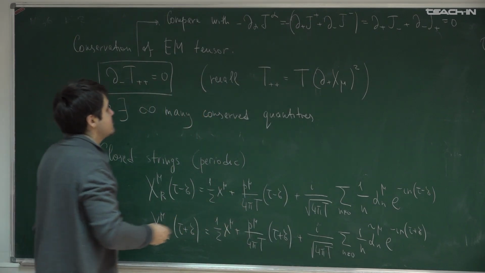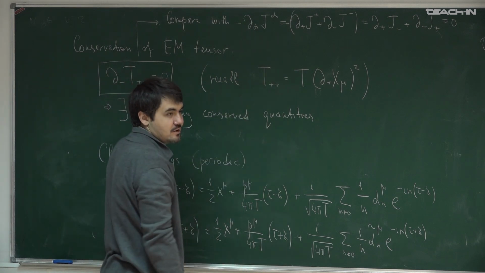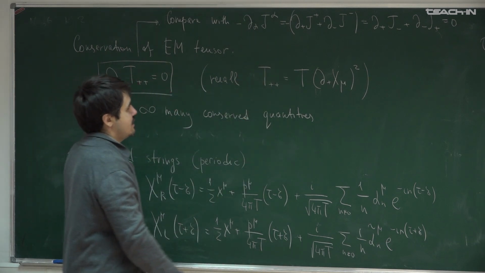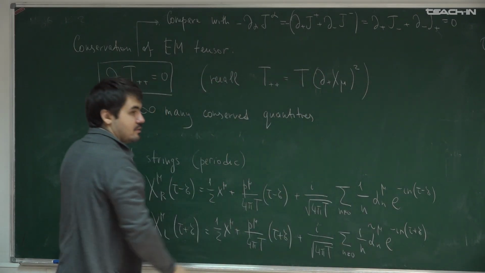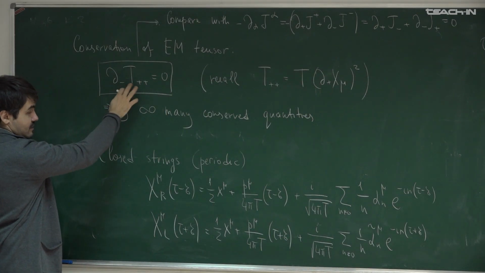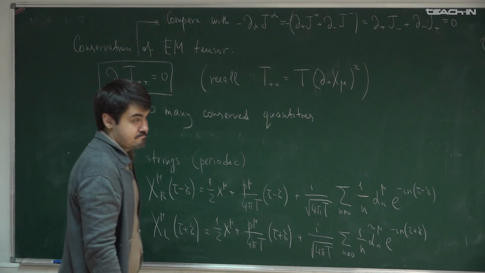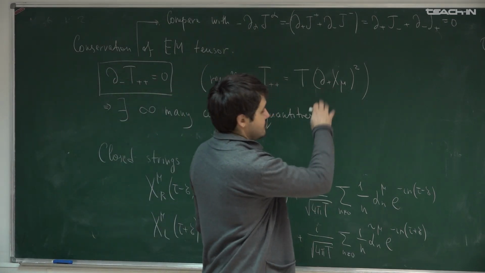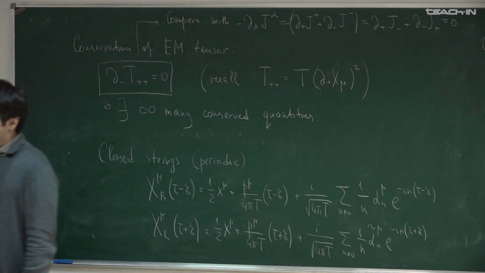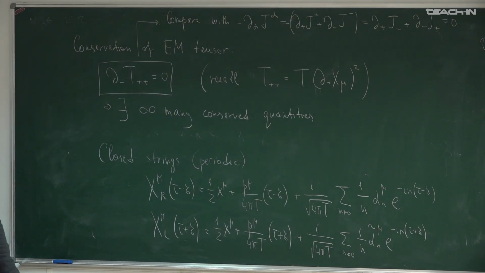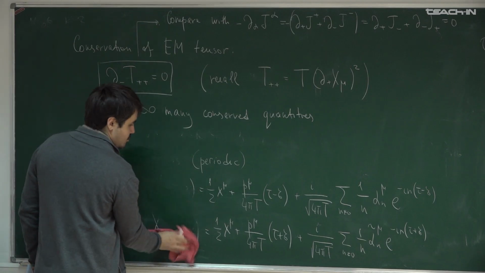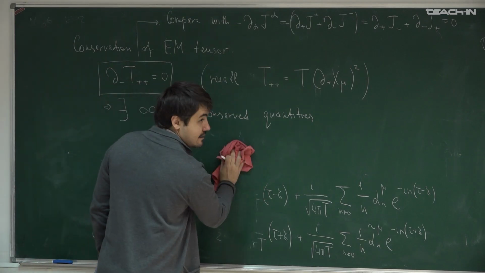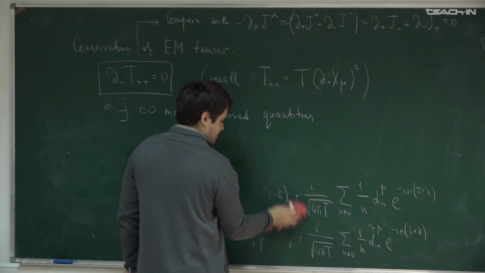The usual conservation equation is that the divergence of something is 0, so it typically has two terms. What makes this different is that there's only one term here. So it's kind of half of that conservation condition. We'll now discuss these conserved quantities, so don't worry. Why would there be infinitely many? Because I'll show it now.